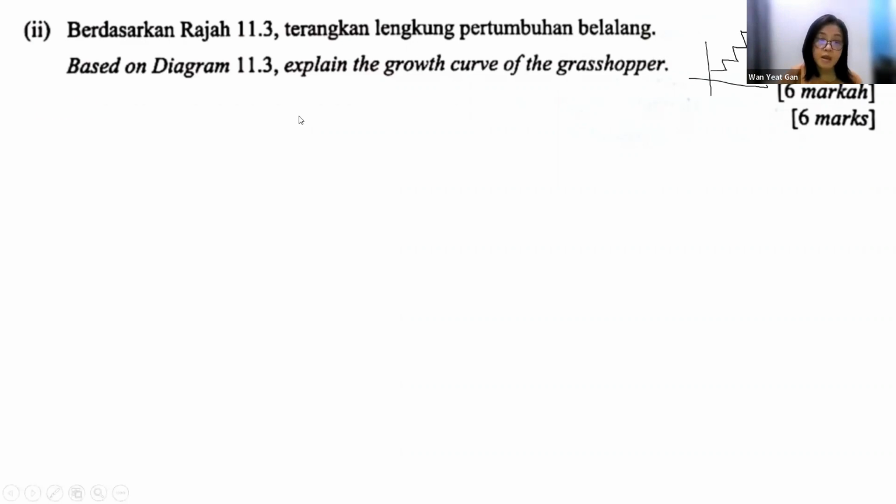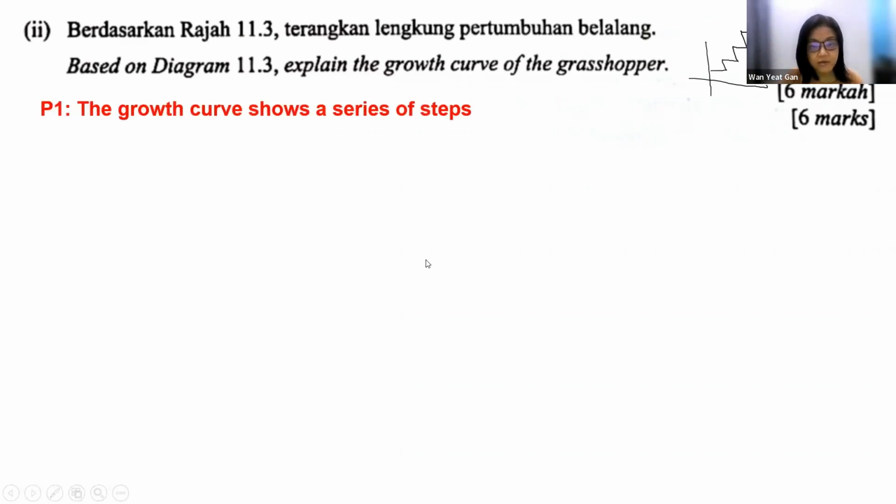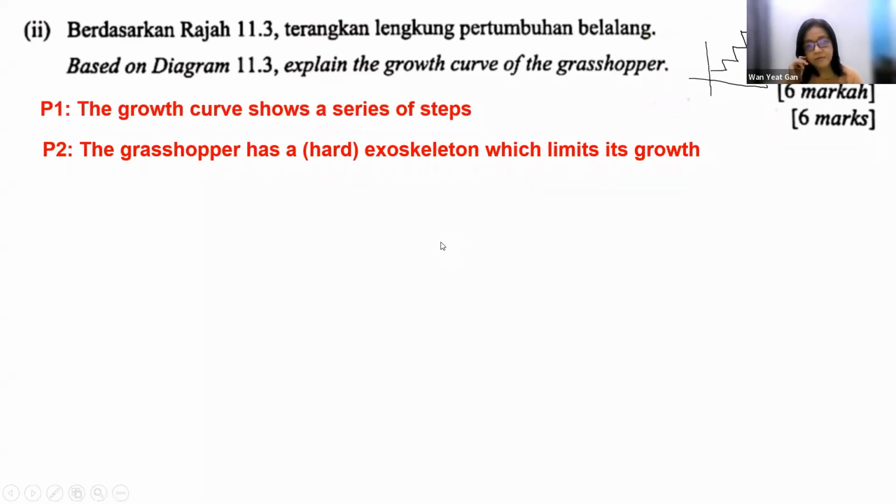Okay. Now the growth curve shows a series of steps, and the reason why it has this kind of growth pattern is because the grasshopper has a very hard exoskeleton which limits its growth. That means the exoskeleton prevents it from growing.